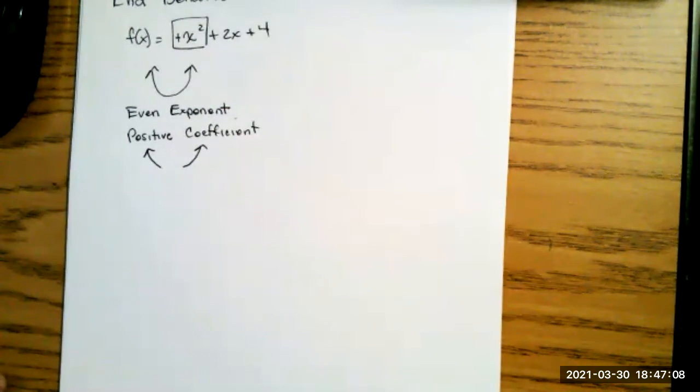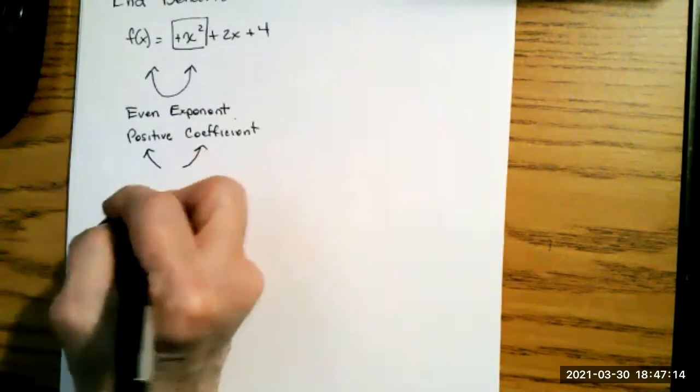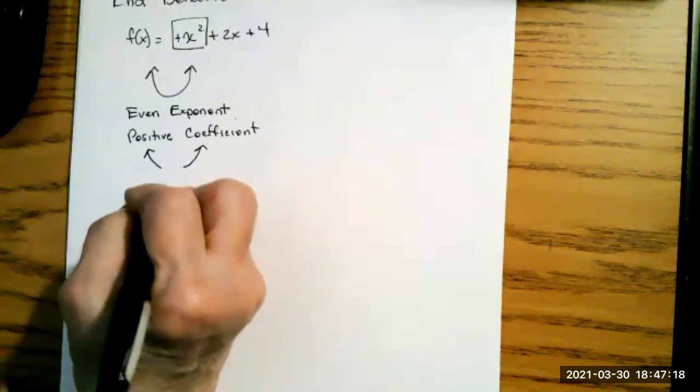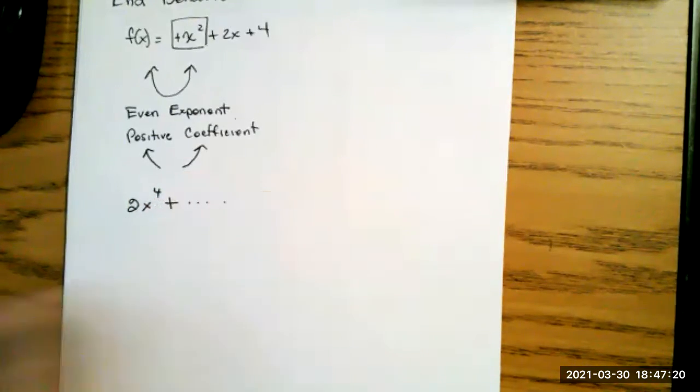So even exponent, positive coefficient, that could be like 2x to the 4th plus something, something, something.